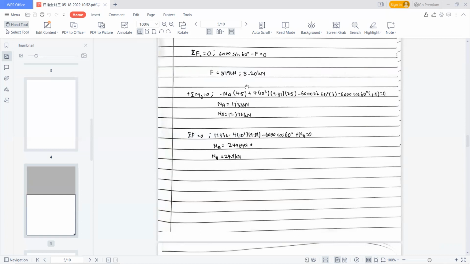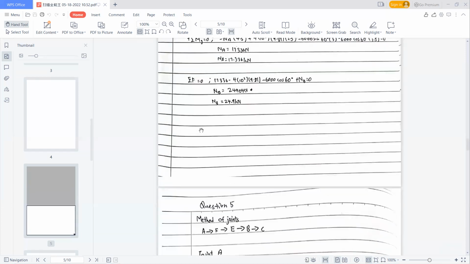We will use the NA times 4.5 plus the mg, and 6,000 sine 60 and 6,000 cos 60 equal to 0. So we will get NA is equal to 17.34 kilonewton.